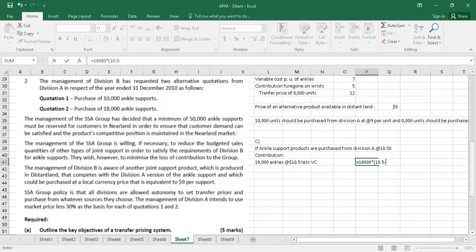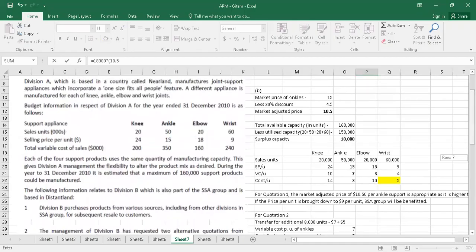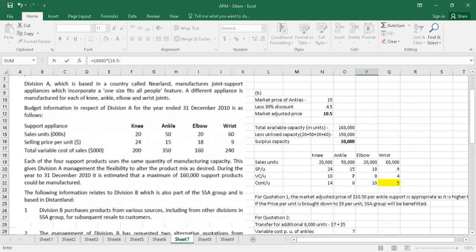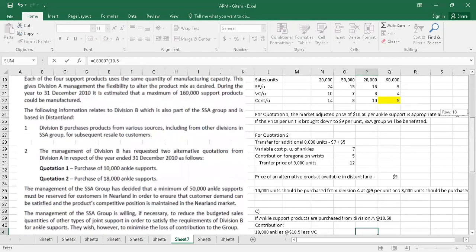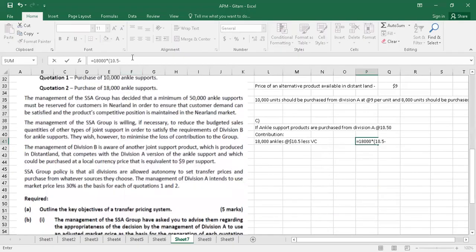What's the variable cost? 7, I think. Variable cost of ankles is 7. So the contribution is 63,000.